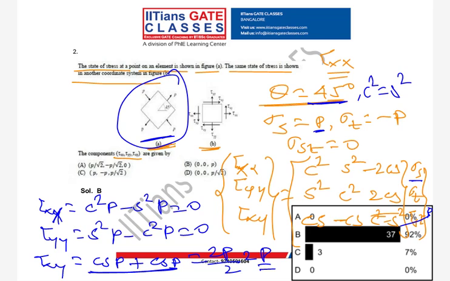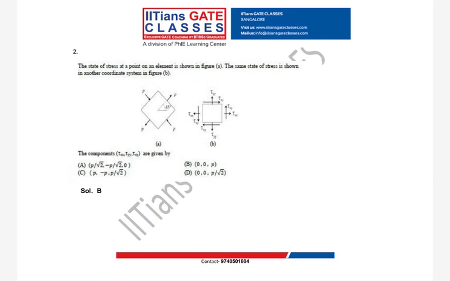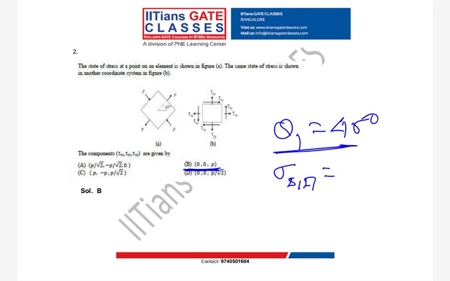Okay. Now without all this, you can also say it like this. Whenever you have a pure shear case, what is my principal angle? It is 45 degree. And what are your principal stresses? It is plus minus P, right?